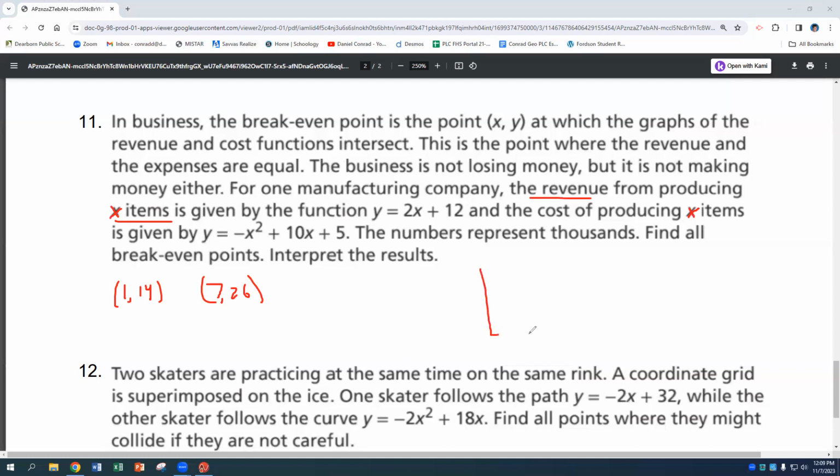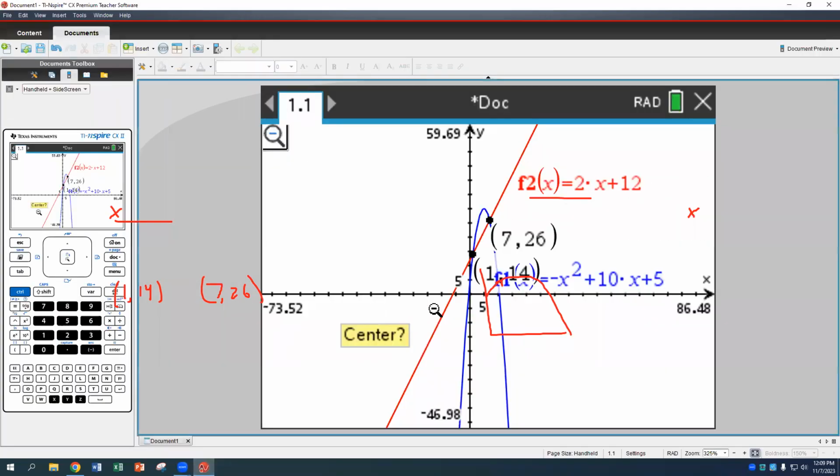Right, we have our graph. Okay, so the company breaks even when it spends $1,000 to make and sell 14,000 items. Okay, so the x is going to be the amount of money, and the y is going to be the number of items.